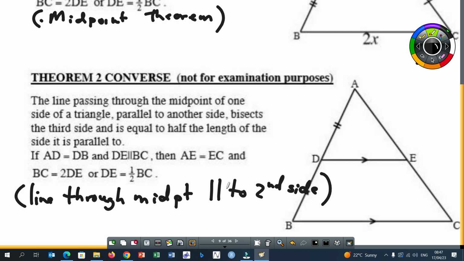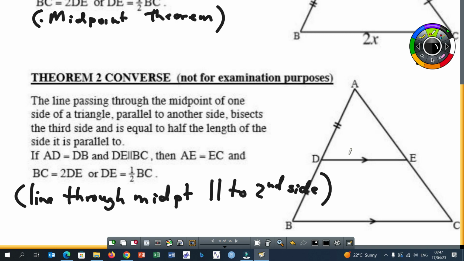Right, with the converse, you must be given one side of a triangle which is bisected by a line inside the triangle, and that line has to be parallel to the third side. In this case, only one side of the triangle will be bisected, the other two will not be.